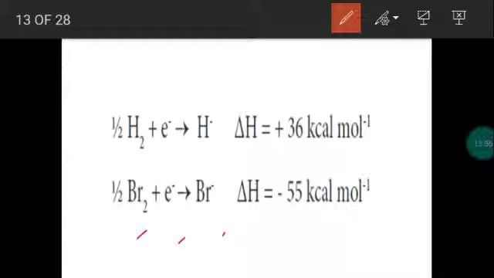When the delta H value is negative, energy is liberated, and the process is called an exothermic process, right? The delta H value for the formation of the bromide ion is minus 55 kilocalorie per mole. It represents that when bromine accepts an electron to form a bromide ion, it liberates 55 kilocalorie per mole.